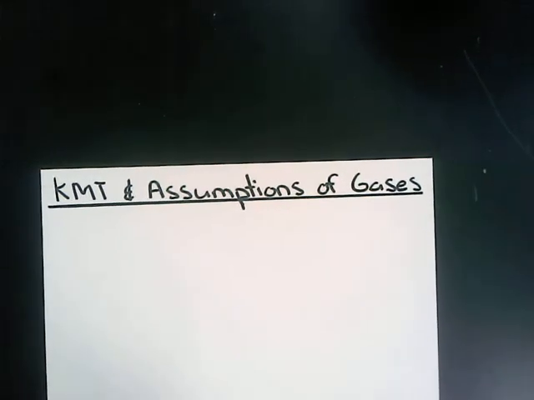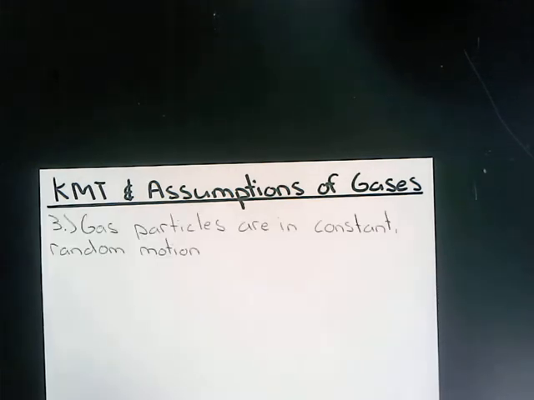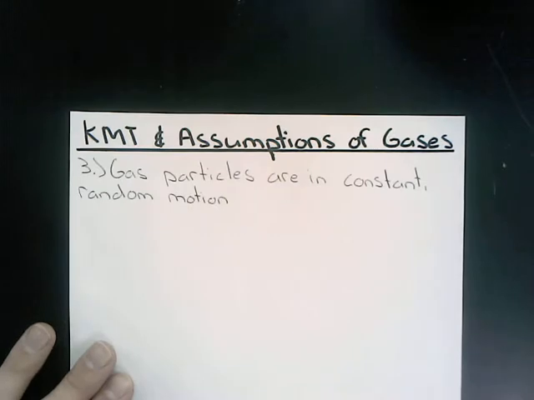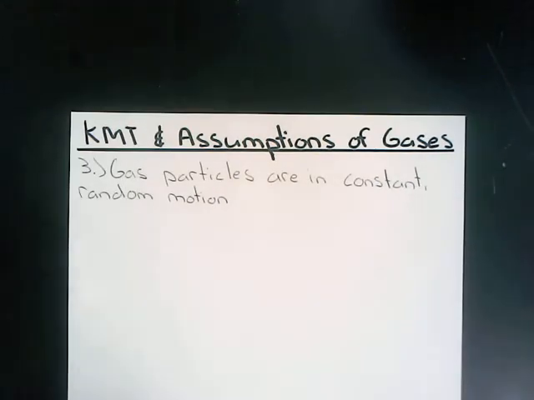So assumption number 3 is that gas particles are in constant random motion. And so something to go along with this constant random motion is that the gas particles themselves are going to move in a straight line until they collide with another particle or the container they are in.